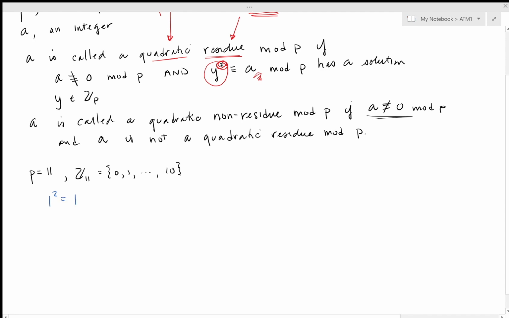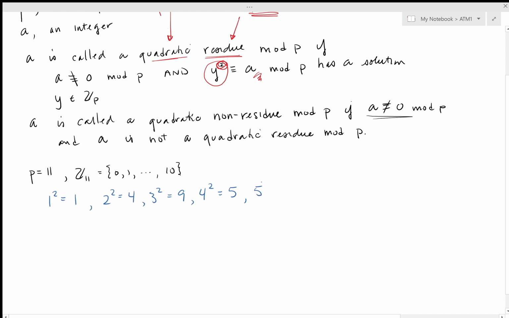I do mod 11, but I don't have to do anything here. Then I'm going to square 2, and I'm going to get 4. And then I'm going to square 3, and I'm going to get 9. I'm going to square 4, and 4 squared is 16. 16 mod 11 is 5. So 4 squared is 5.